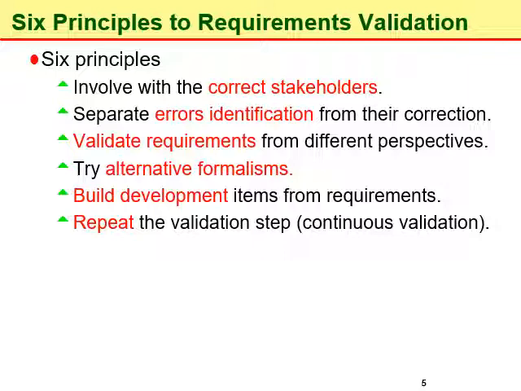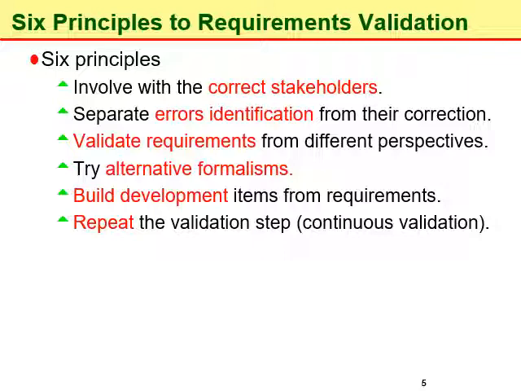Then, separate error identification from error correction. When we are identifying the errors during the requirements validation phase, we should not start correcting those errors right at that time. For error correction, we have another phase where we can correct the identified errors.